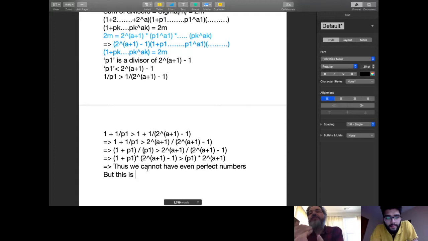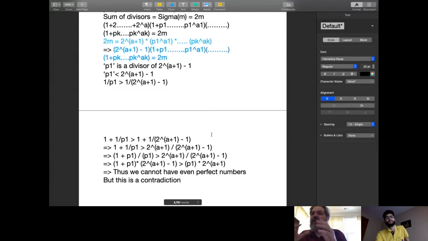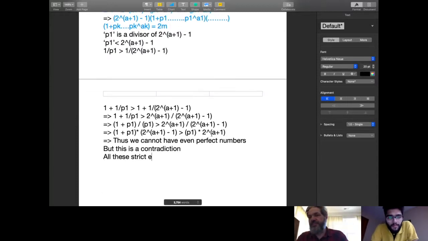But there must be something wrong with the proof, because we know that there exist perfect numbers, only those of that form. So now we see that we didn't have an option to write larger than or equal; we wrote strictly larger in several places. So the only option when we don't get a contradiction is when all these strict inequalities happen with equality, and then we get equality.